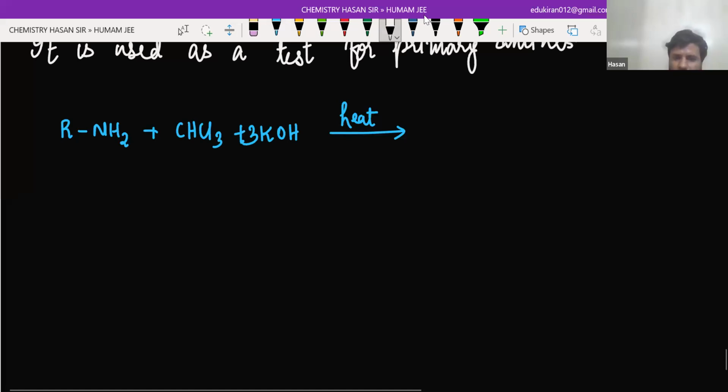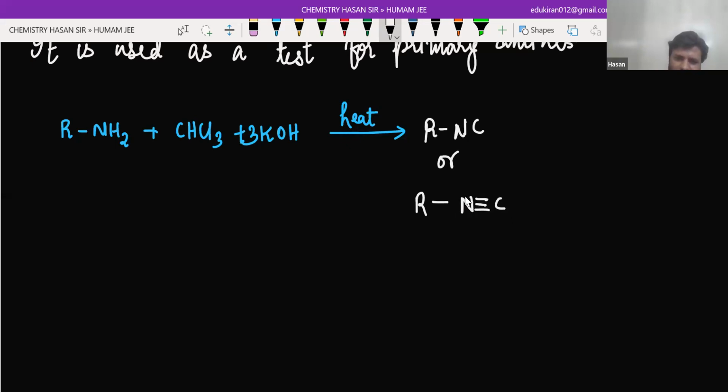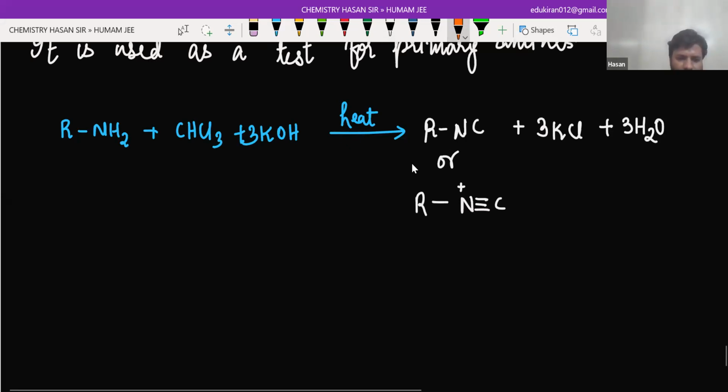Now what will happen? Very simple. This will be converted into RNC. Cyanide is RCN, but here the alkyl group is connected with nitrogen, so you write R-N triple bond C, and since nitrogen is making 4 bonds, it will have a positive charge, along with byproduct KCl plus 3H2O. And this isocyanide is your foul smelling substance.